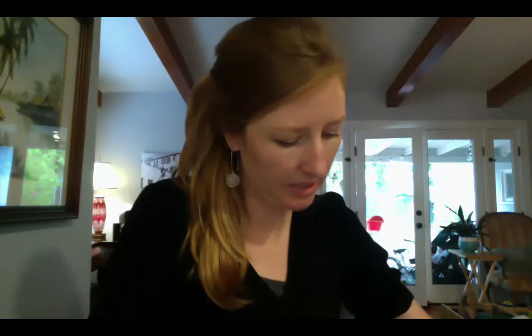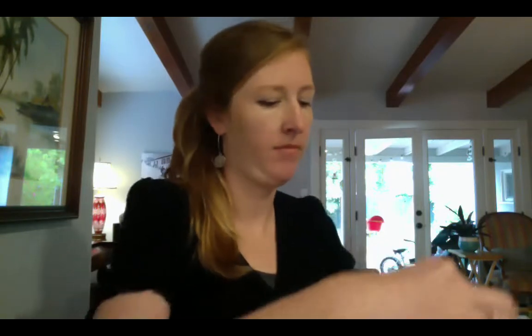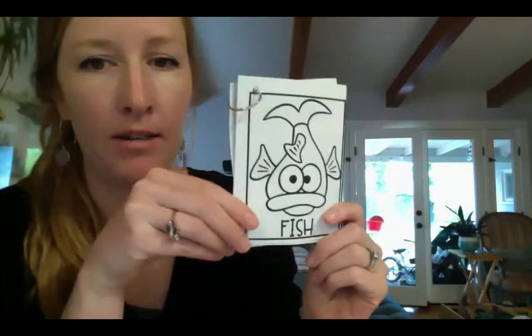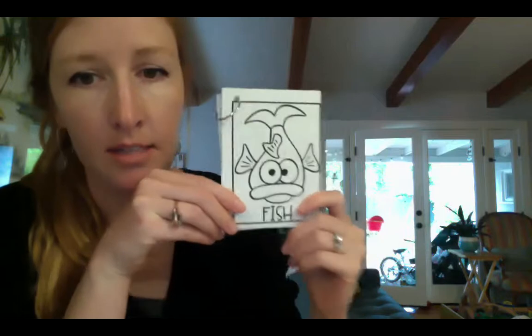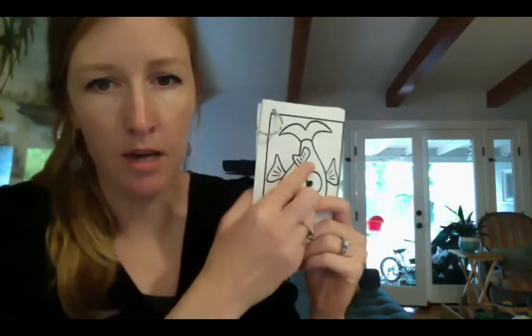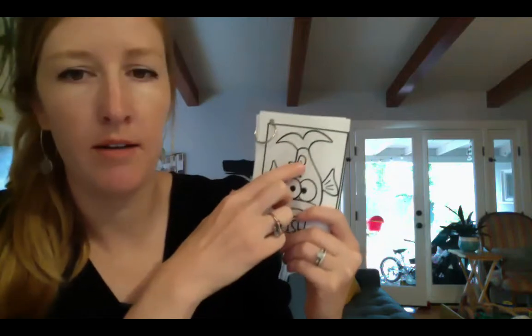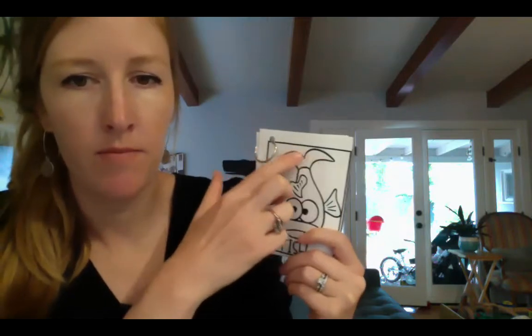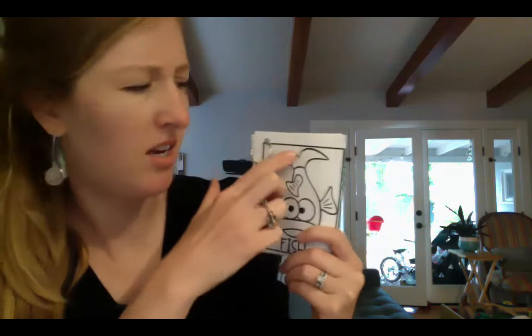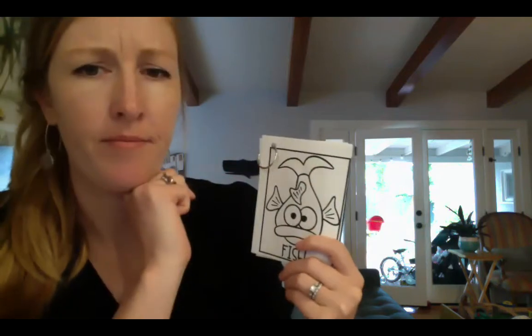Okay, in your cards, I want you to find fish. I still need to color mine. But you can see the fins on this fish. Remember, the top one is called the dorsal fin. And this one back here is called the caudal fin.